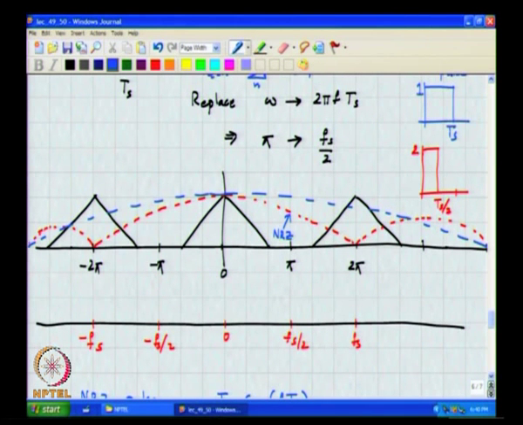Okay. So, these are often called the images of the signal, and as you can see, the images are attenuated to a much larger degree when you have an NRZ DAC pulse shape rather than a return to 0 DAC pulse shape.